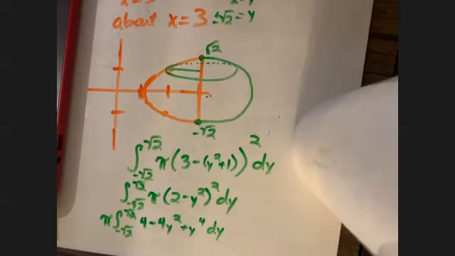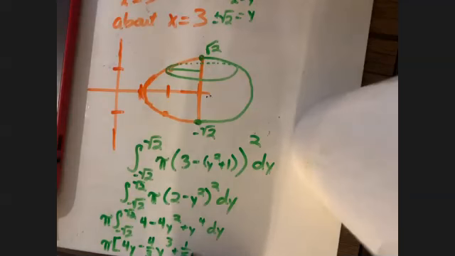Okay, so now we've got pi. We're going to go to 4y. It's going to go to y cubed. So I need a 1/3 out in front. So it's going to be 4/3 plus 1/5 y to the 5th. And that's being evaluated from negative square root of 2 to square root of 2.